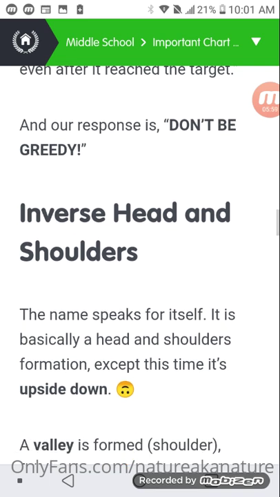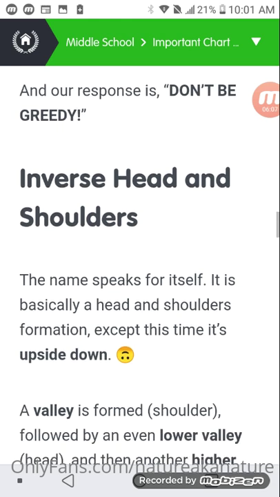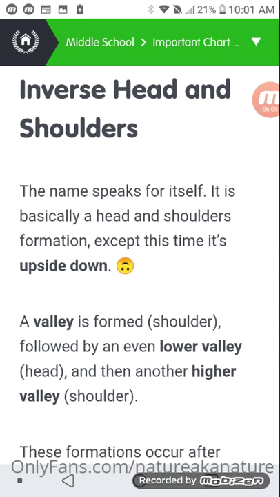So the name speaks for itself. It's basically a head and shoulder formation, except that this time it's upside down. A valley is formed during a shoulder, then an even lower valley, the head, and then another higher valley, which is going to make the other shoulder.